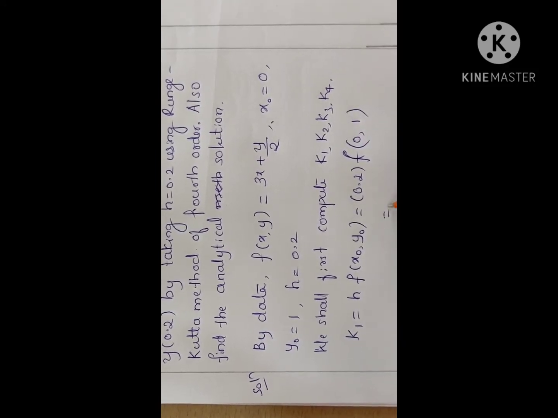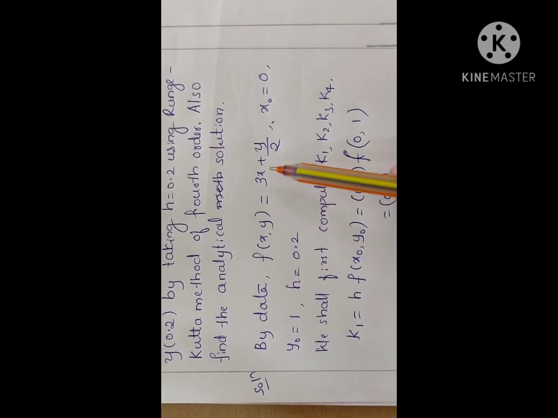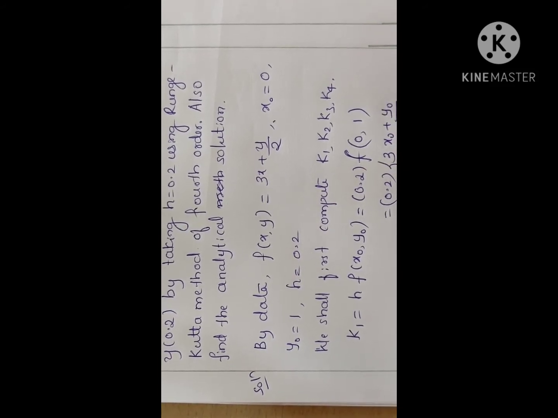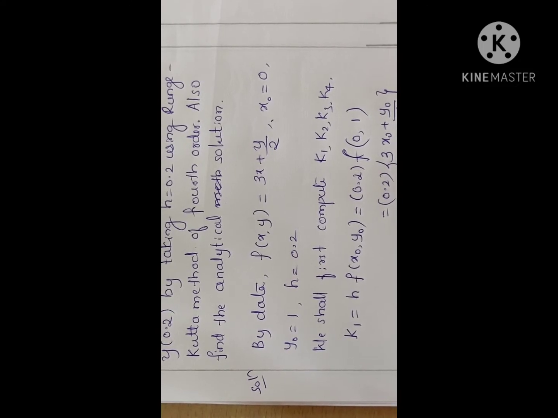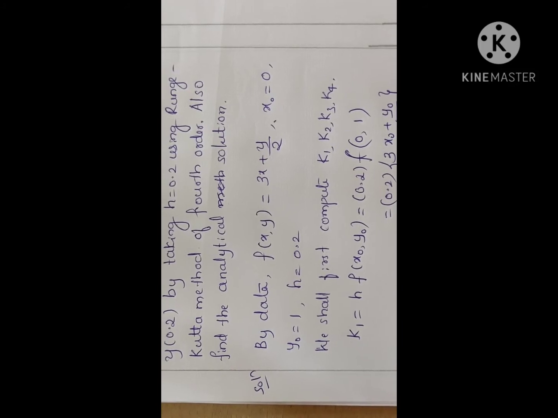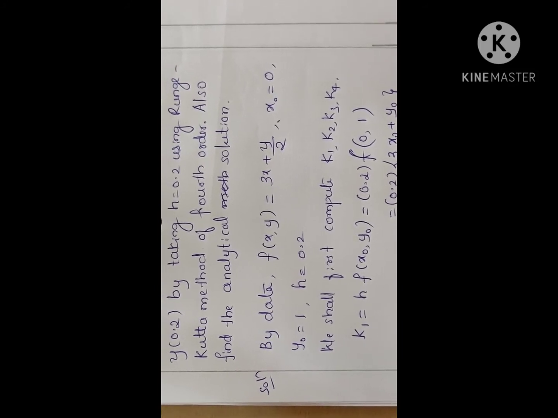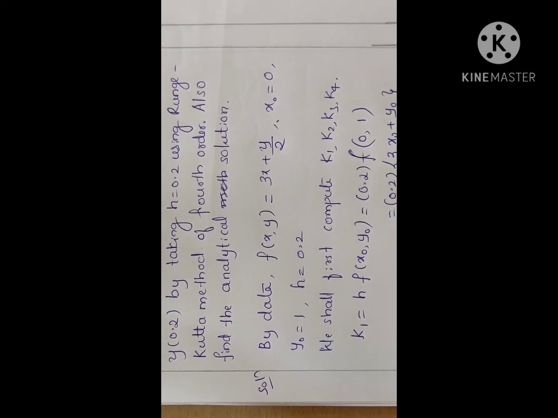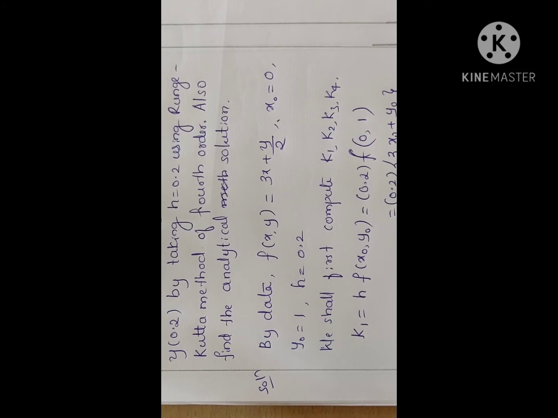The function is in the form of (3x + y)/2, so it is (3x naught + y naught)/2. Substituting, 3 into 0 plus y naught is 1, by 2. This will be 0.5. So it is 0.5 into 0.2.